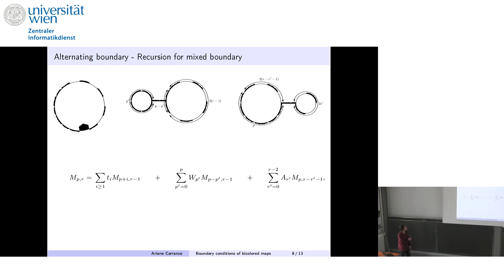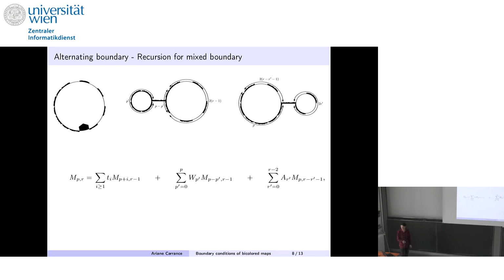And so in these two cases, what you get after seeing that this edge is identified with another boundary one is two submaps. Either you have one with a monochromatic condition and one with a mixed condition, or you have one with a mixed condition and one with the alternating one.